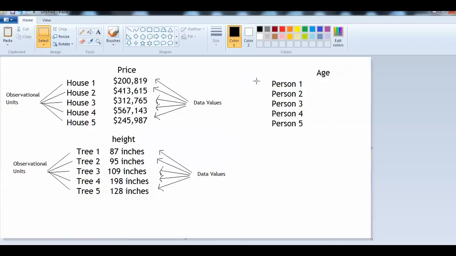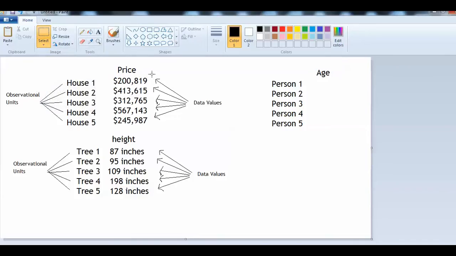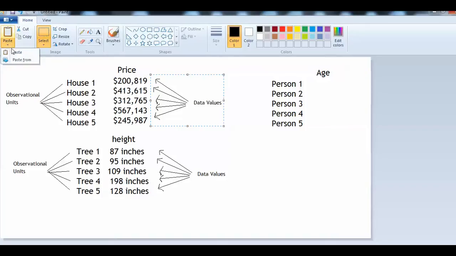And what about over here? Well, I didn't actually put any ages in there yet. But the 5 ages that we're going to end up putting in here are the data values.